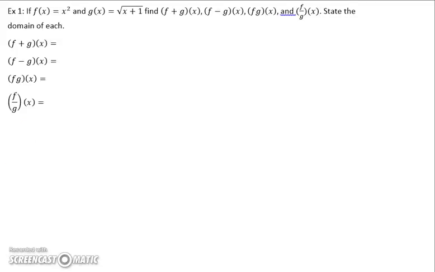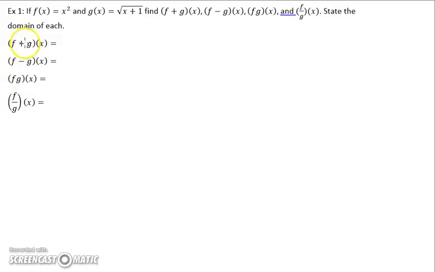To combine these things, let's do a couple real quick examples. f of x is x squared, g of x is the square root of x plus 1. We want to find f plus g, f minus g, f times g, and f divided by g of x, and then state the domain of each.